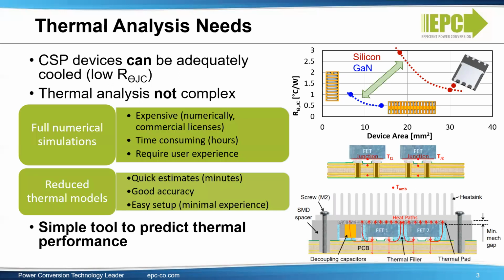So CSP devices can be cooled adequately, but the overall thermal performance depends on many parameters relating to the thermal solution, such as the thermal interface material and the heatsink used. So to analyze this thermal system, one should consider all of these factors together, either using full simulations or some sort of reduced or approximate models, with some benefits and drawbacks to each.